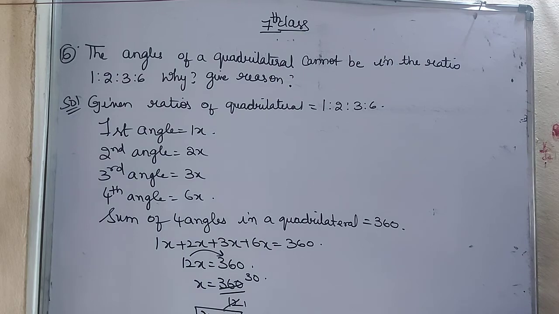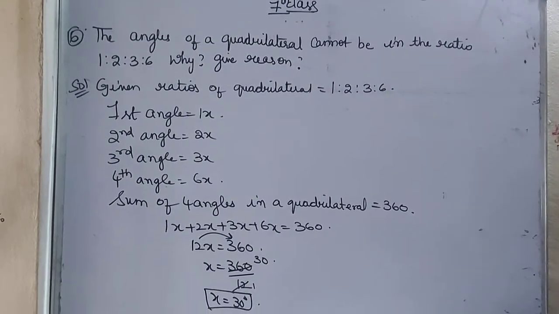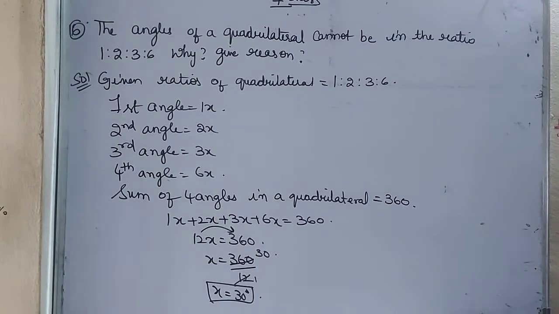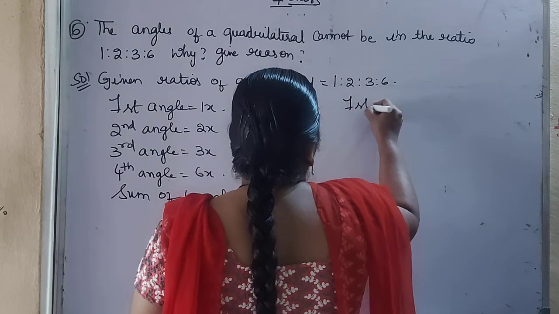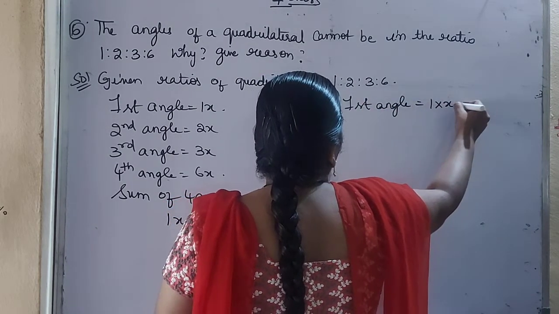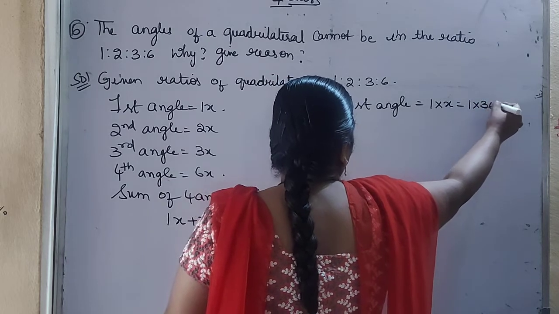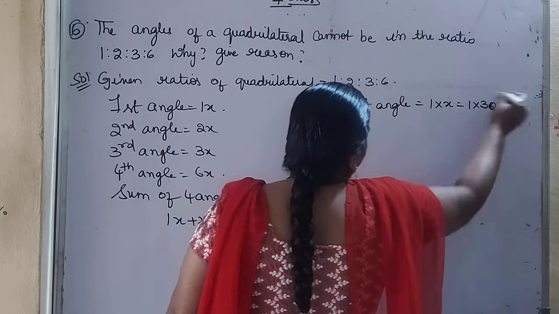Now the x value we got as 30. Now what are the angles we will find? So the first angle is 1x. 1 into x, that will be 1 into 30, that will be equal to 30 degrees. So the first angle is 30 degrees.